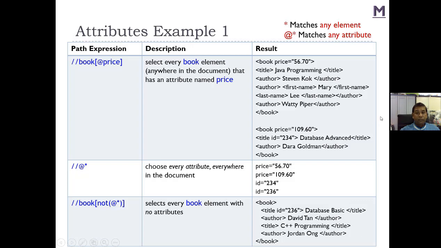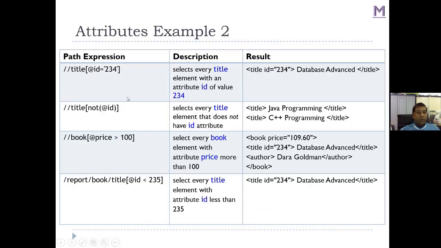Next, okay, if you use the path expression /title[@ID=234], a specific ID number, what it will do, it will select every title element with an attribute ID of value 234.